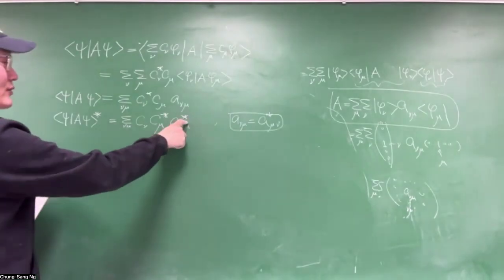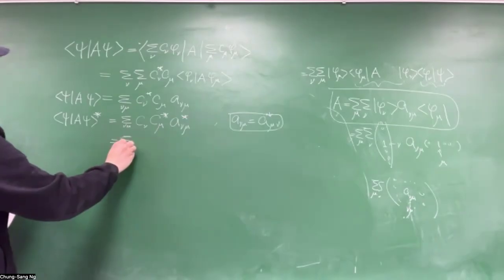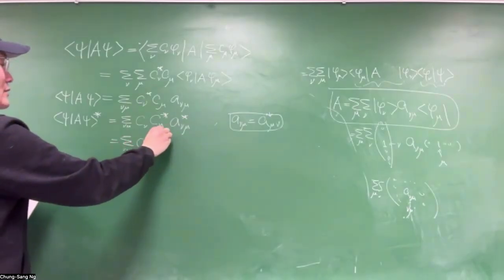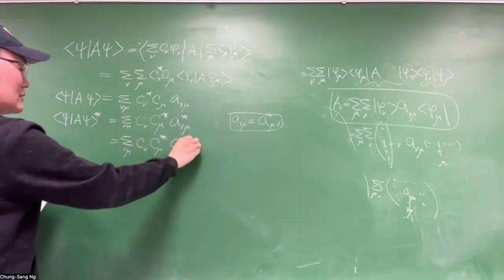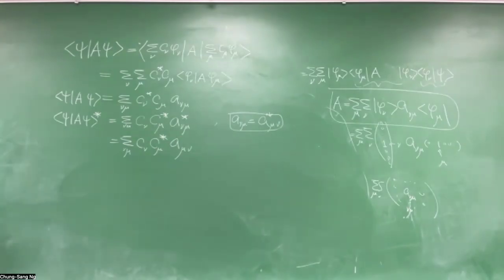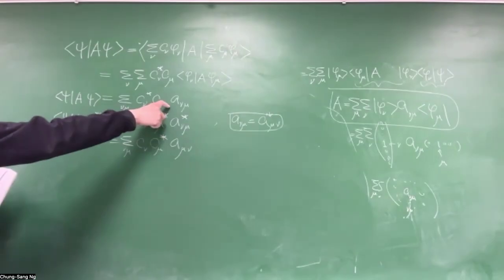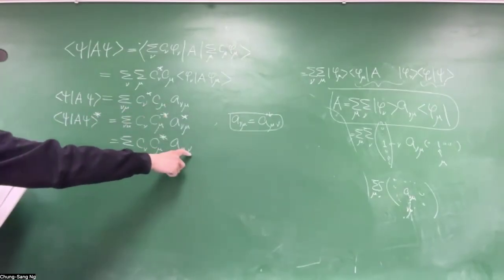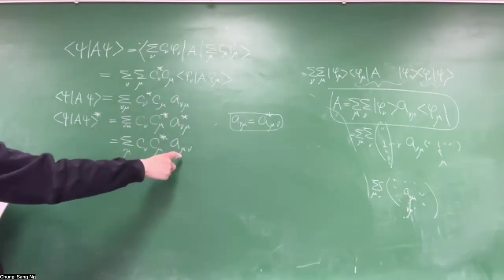So we can now get rid of this by exchanging the mu and nu, giving C_mu complex conjugate, A_mu nu. So we got this line. To see whether this is that, all we need to do is exchange mu and nu, because these are just dummy summation indices. We can call them whatever we want.